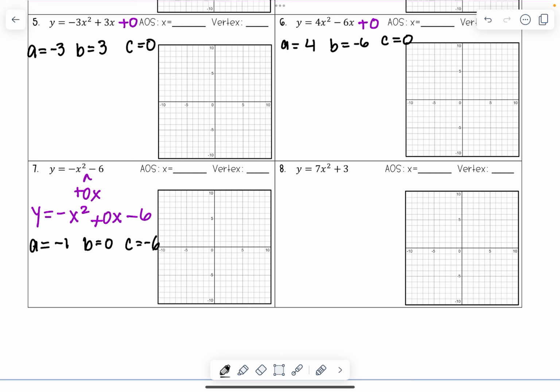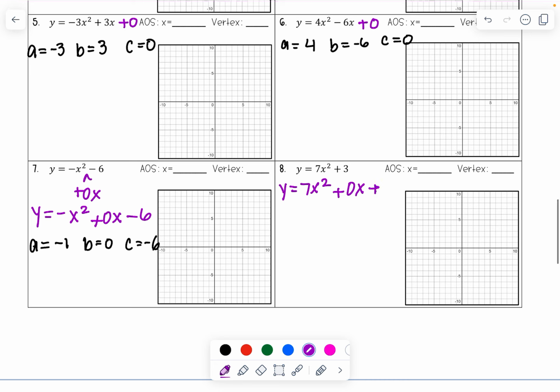And similarly for problem number 8, again, it's missing the x term. So this is the same as 7x squared plus 0x, because there is no x, and we can use 0 to represent nothing, plus 3. And so that will help you with identifying a, b, and c.